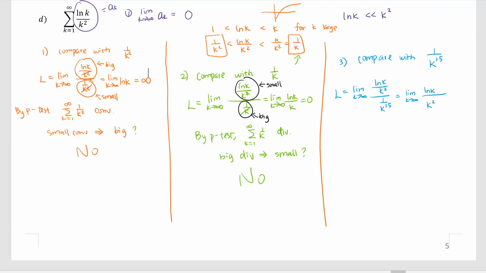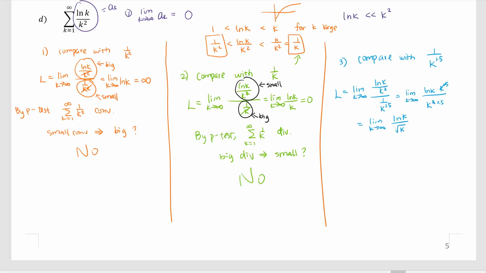It means k squared down there, k to the 1.5 upstairs. So they cancel. It becomes like 2 minus 1.5 is 0.5. So we get the limit as k goes to infinity of ln of k over k to the 0.5, which is the square root of k.